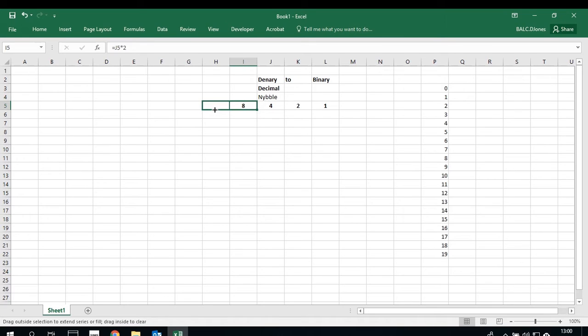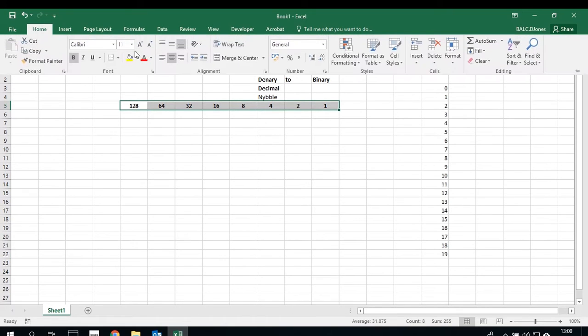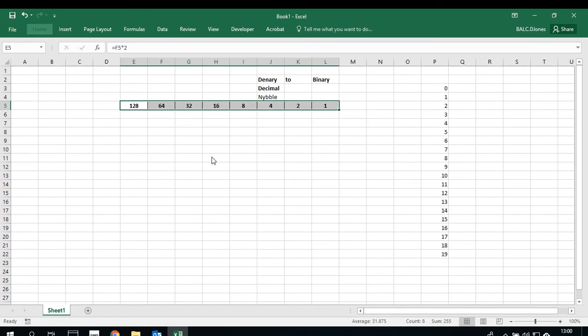And then of course it's more common for us to think about 8 bits. So we'll put another 4 bits on there, and we'll keep doubling every single time, and that gives us 1, 2, 4, 8, and so on up to 128. A couple of things worth mentioning here: as I told you, if we add up the first 4, the nibble, that total is 15, and that's really worth remembering when we're doing our work on binary.